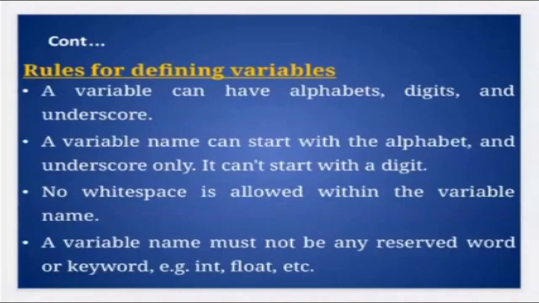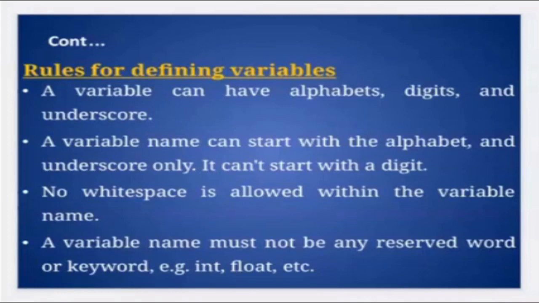The rules for defining a variable: it can have alphabets, digits and underscore. A variable name can start with an alphabet or underscore only. It can't start with a digit. No white space is allowed within the variable name.